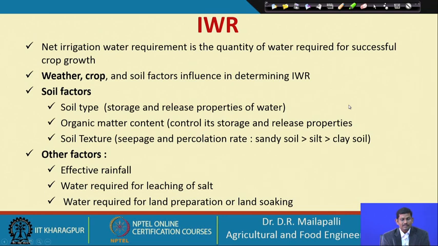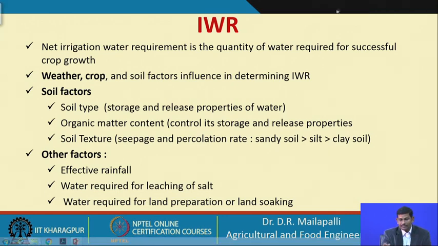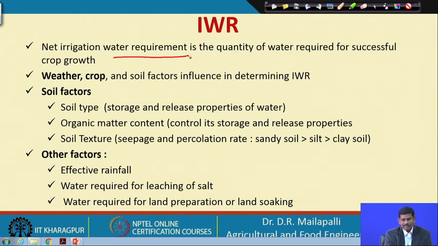The net irrigation water requirement is the quantity of water required for successful crop growth, not just the crop water requirement. That means from the day the field is prepared to the day after harvesting, if you are using some water, all this water is irrigation water requirement.